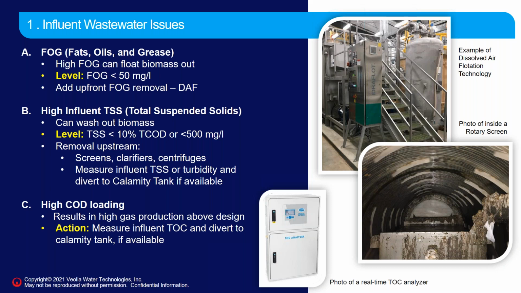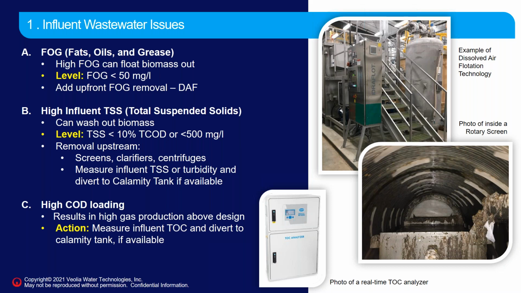When we look at what's most highly correlated with high effluent TSS, it's the level of influent TSS. So the higher the influent TSS, the higher the effluent TSS. So we want to keep the influent TSS less than 10% of the total COD, or hopefully less than 500 milligrams per liter.